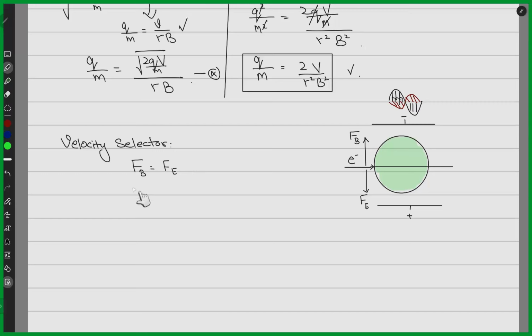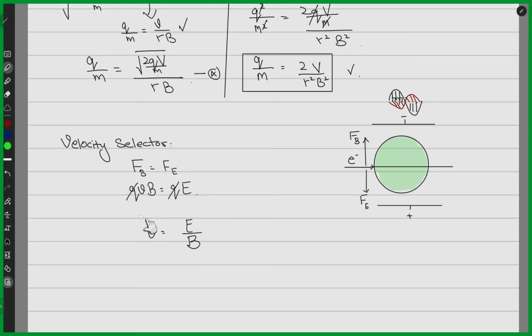Magnetic force is qvB, while the electric force is just q times the electric field, E. What does that give you? The charges cancel, and it gives you a value for the velocity as the ratio of E to B: v = E/B.